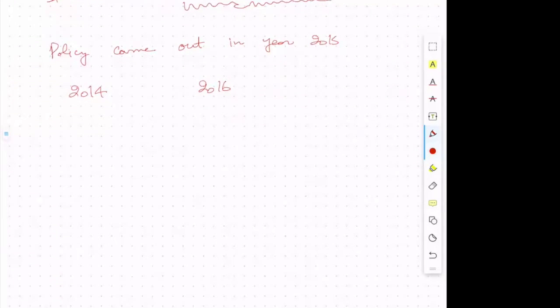Now let us think about the ways this approach can be problematic. So first way in which this approach can be problematic is that what if something else also changed in these 2 years which could affect the college enrollment?